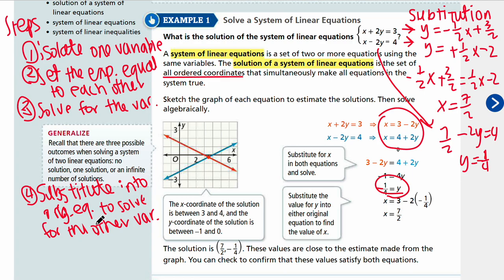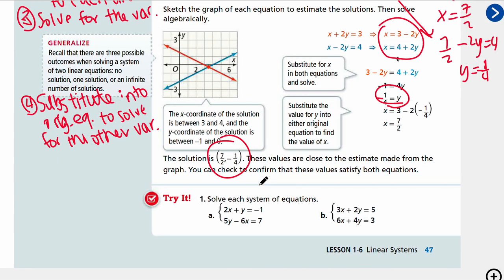And then you write it as a coordinate point. And that's your answer. Let's try number 1A and B. Pause the video and see if you can solve it by yourself, and you can come back when you're ready for answers.